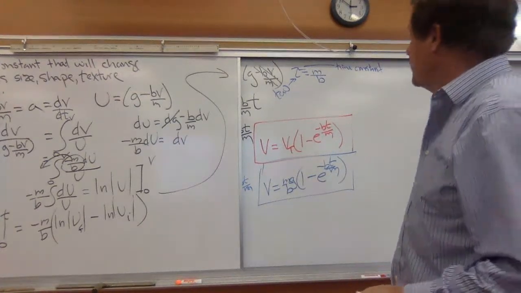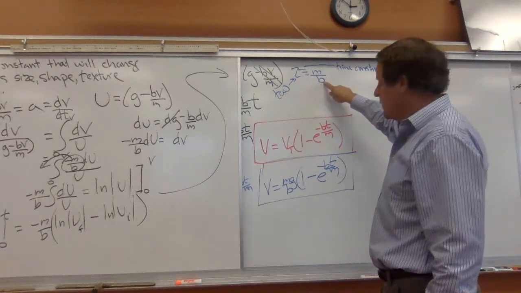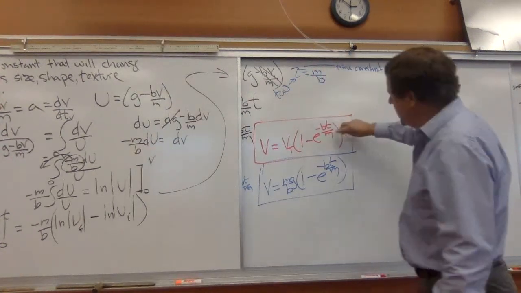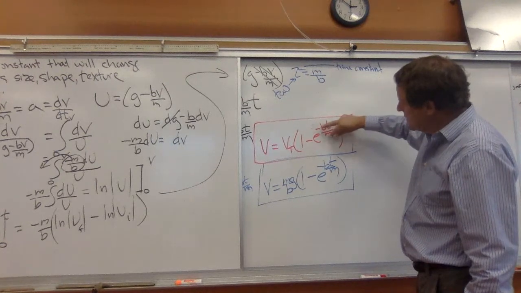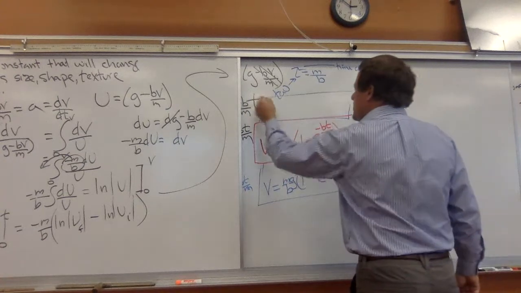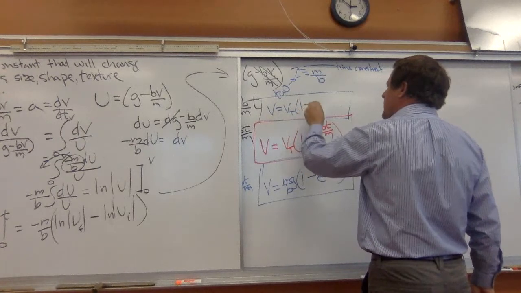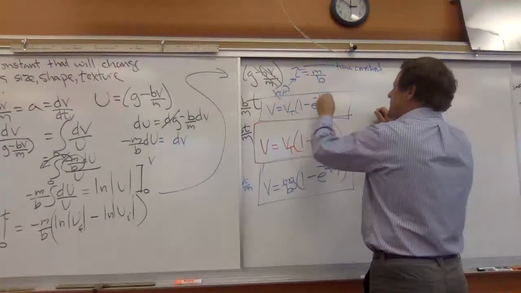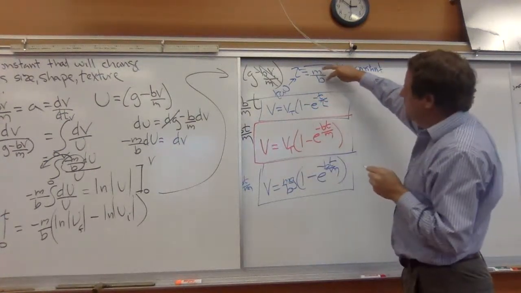If we know the mass and we know b, then we can plug in this tau. Since we have m over b, we get a third equation: v is equal to the terminal velocity times 1 minus e to the negative t over tau.